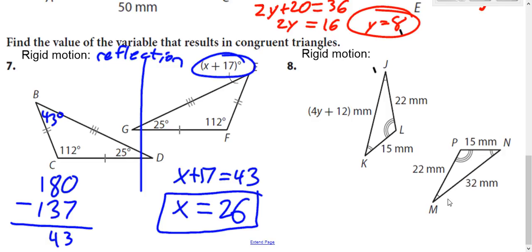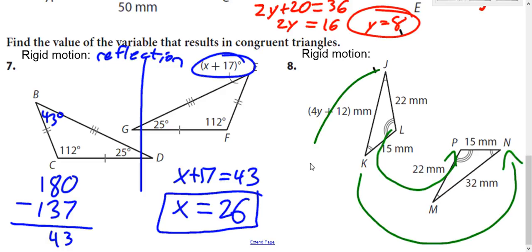And for this last pair of triangles, to match them up, L would have to match with P, K would have to match with N, and J would have to come down to M. So that looks like a rotation. To rotate it around like that.